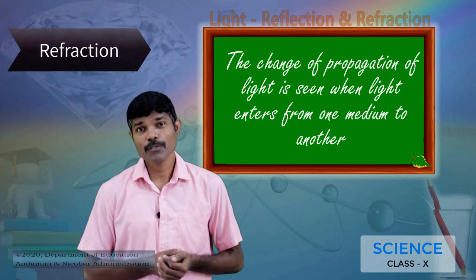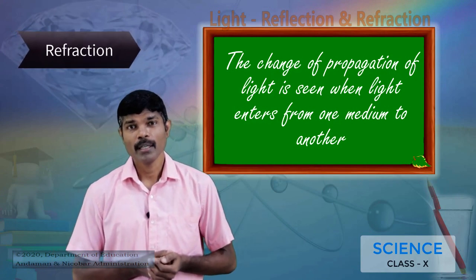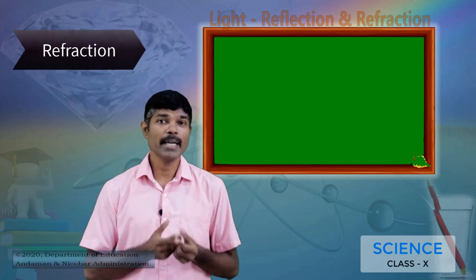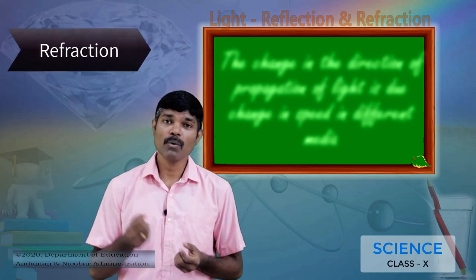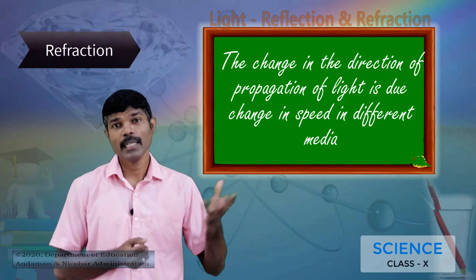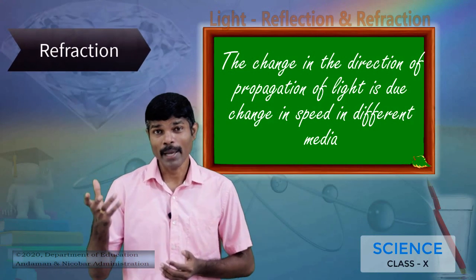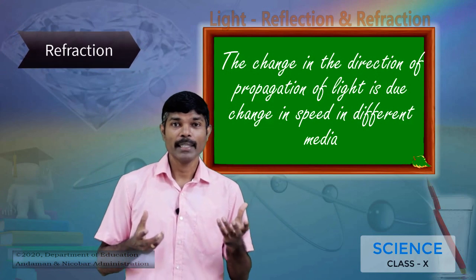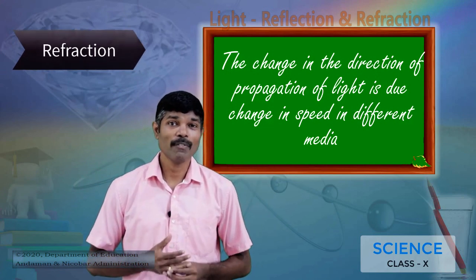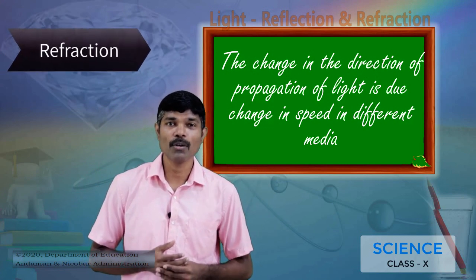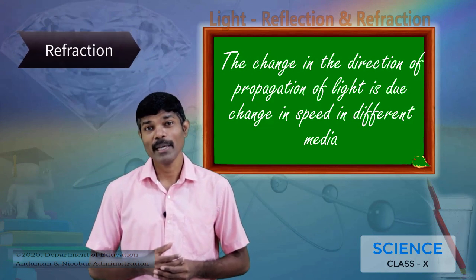When light enters from air to water, here we have two media, that is air is one medium and water is another medium. When the light enters from air to water, then the direction of propagation of light will not remain same.